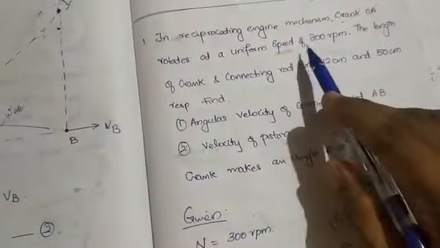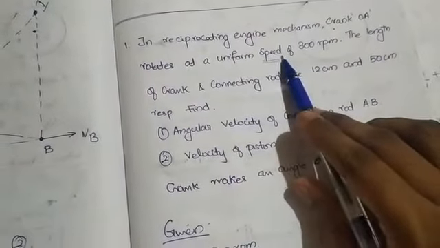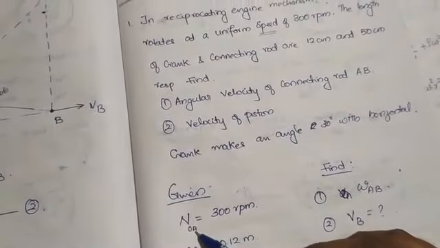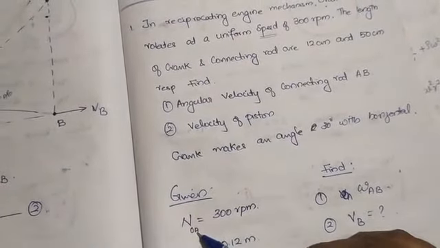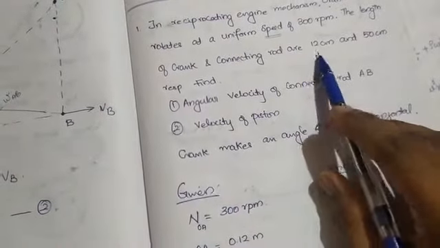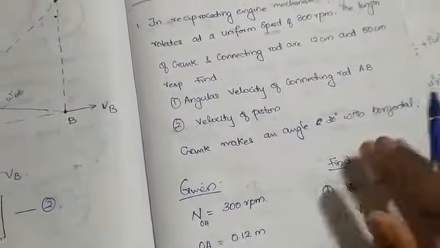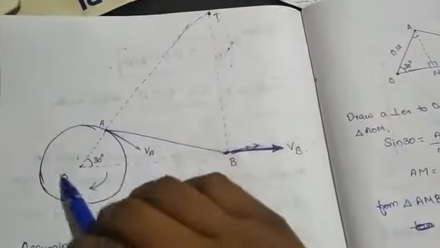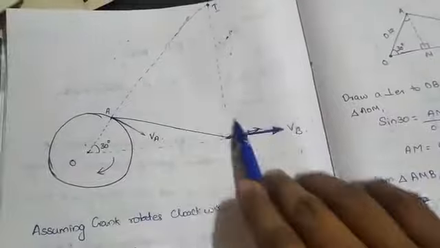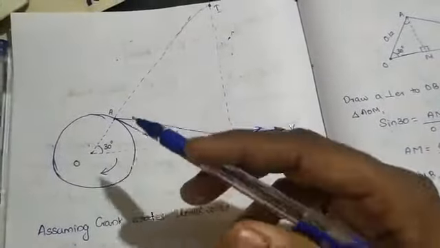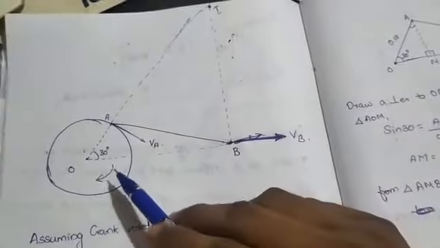So the things that they have given is speed. Speed means it's n. That means the speed of OA, that means crank, is 300 rpm. Length of the crank is given, that means OA is, see, this is the diagram. Crank is rotating like this, AB will go like this, B like this. They haven't specified any direction, so you can take whatever you like.